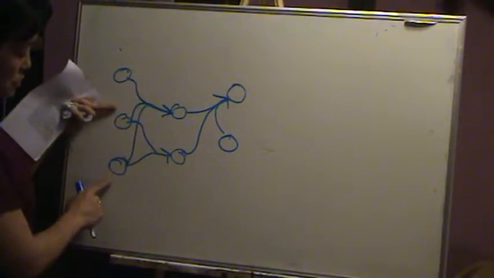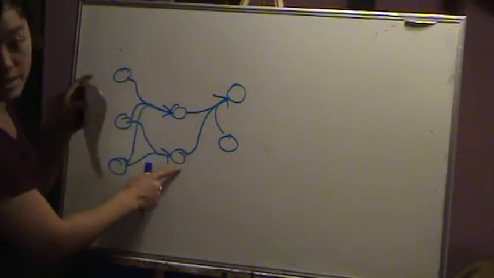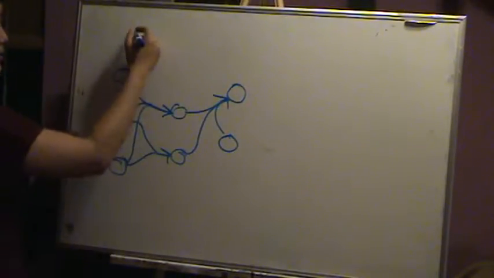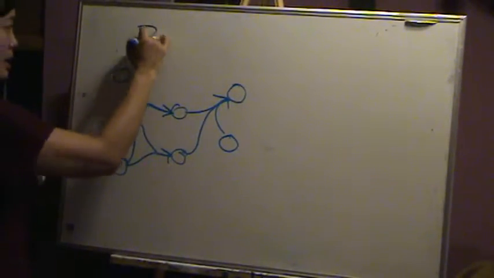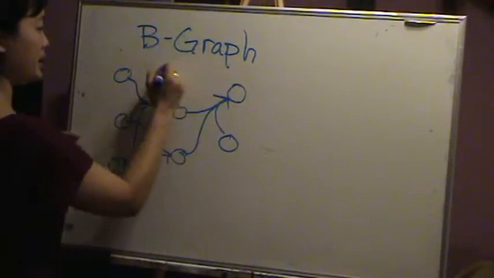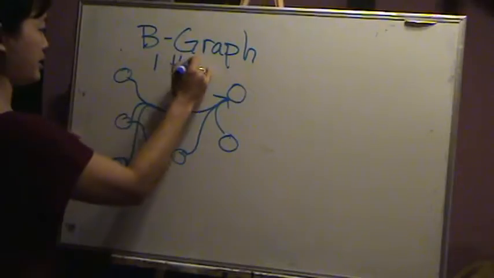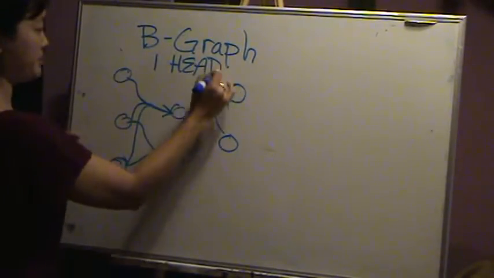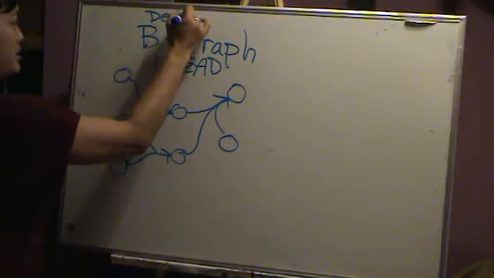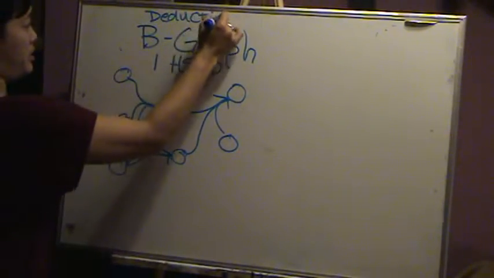Given these 2 nodes, we can deduce this single node. So again, this type of graph is called a B graph, and it has 1 head, and it is good for deduction.